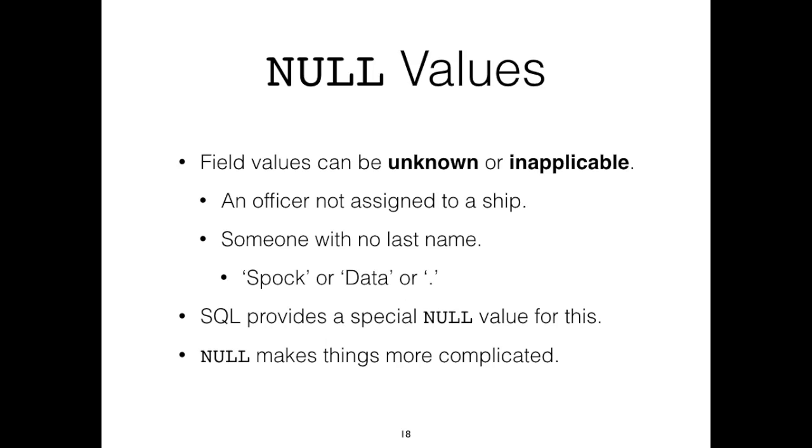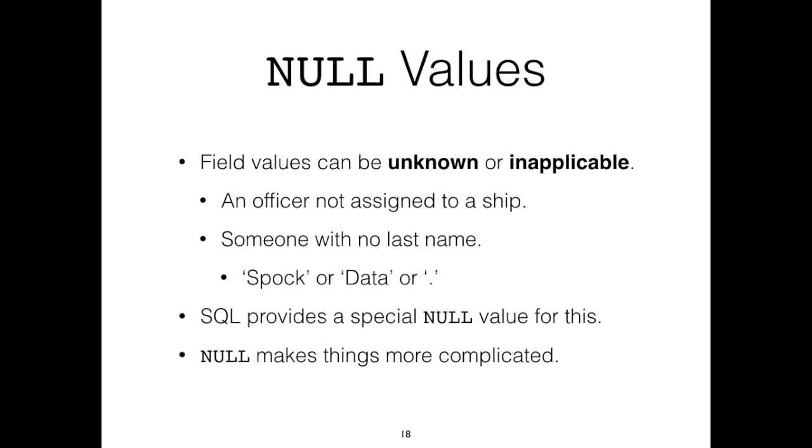So for example, someone who doesn't have a last name or someone who doesn't have a first name. Spock and Data are my usual go-to examples. It's probably more applicable to the MS program, but oh. So Spock and Data are examples. They don't have a last name. And SQL has this special null value for this.